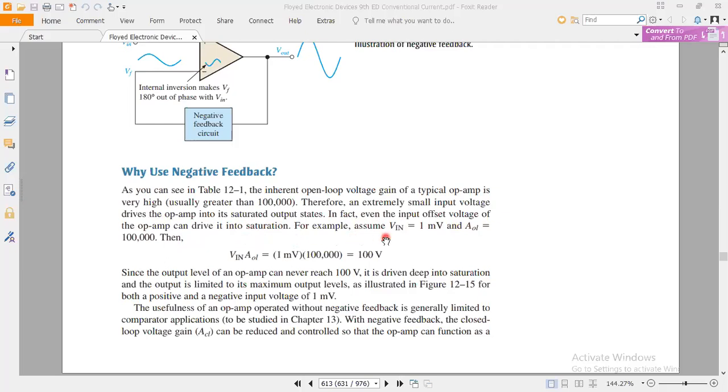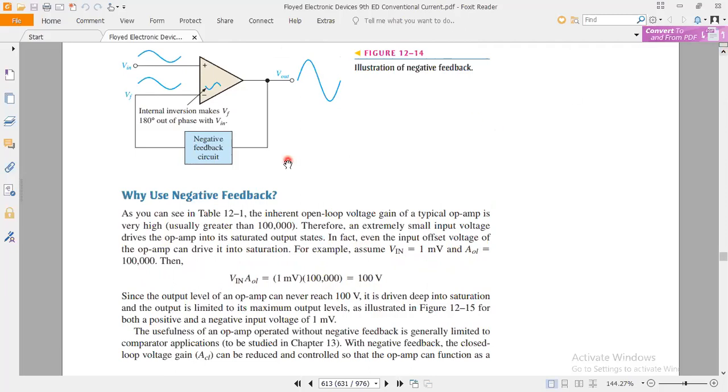For example, assume Vin equals 1 millivolt and the open loop gain is 100,000. Then we get the value of 100 volts by multiplying the input voltage and the open loop gain.